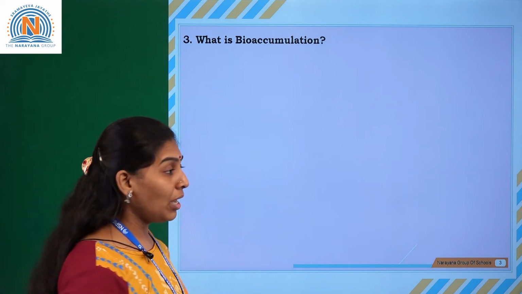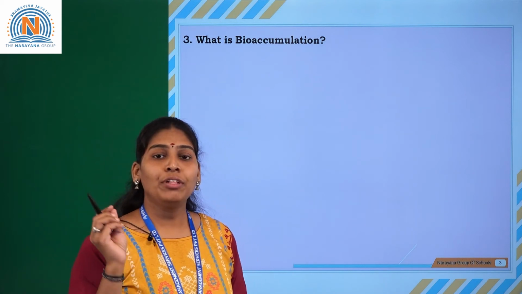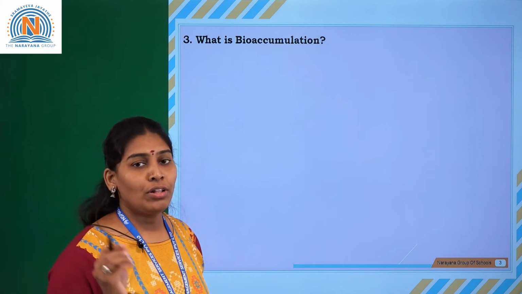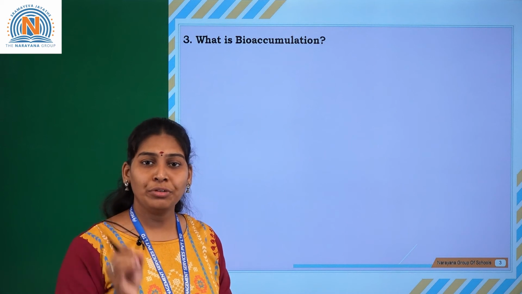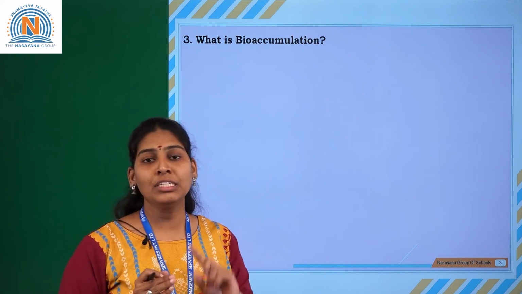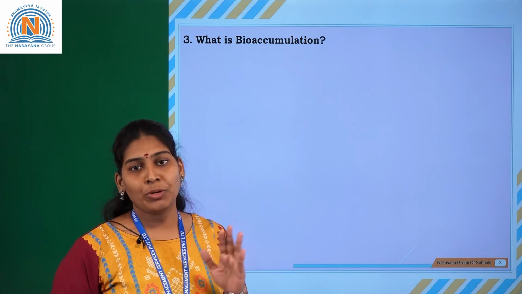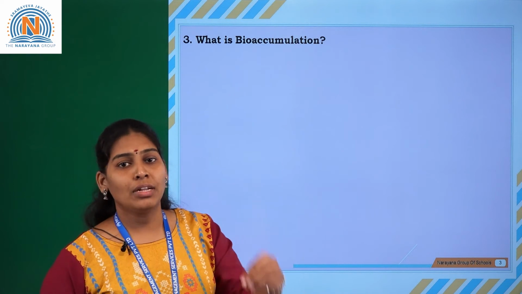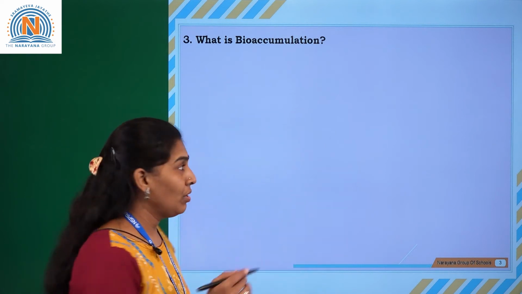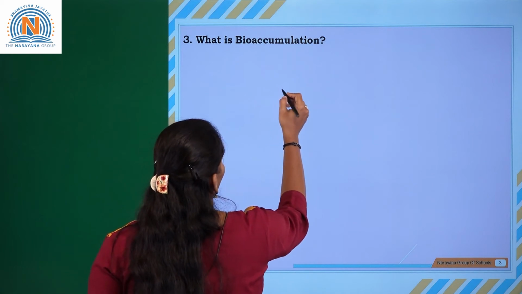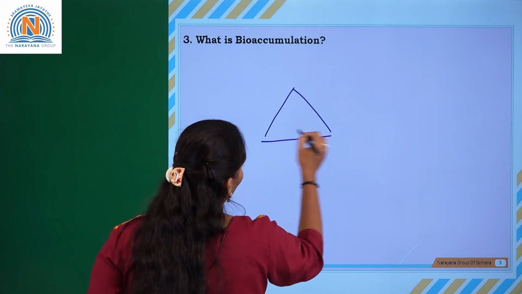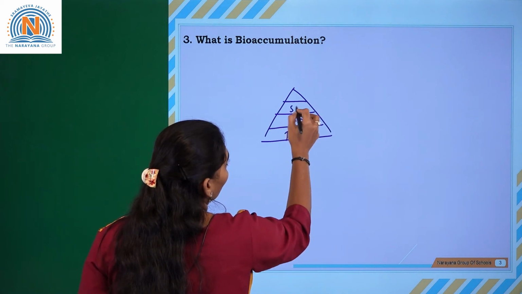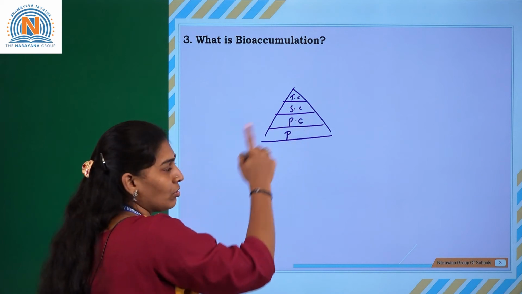What is bioaccumulation here? Accumulation of pollutants in a food chain is called bioaccumulation. There are different levels in the food chain: producers, primary consumers, secondary consumers, and tertiary consumers, the top carnivores.